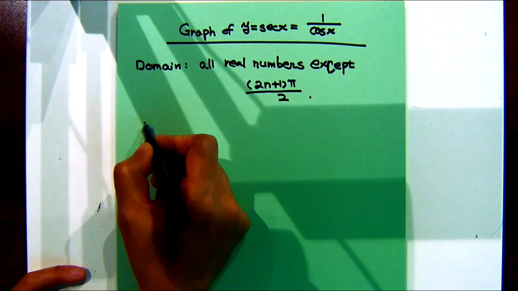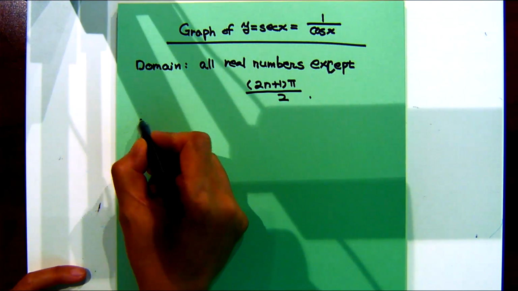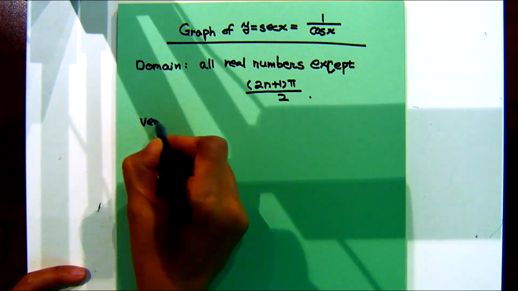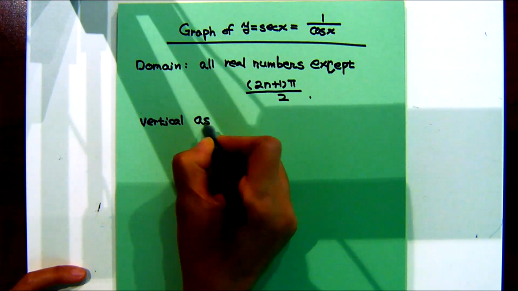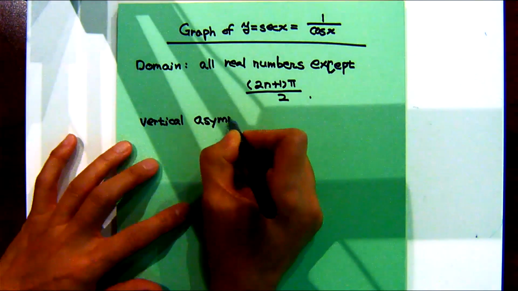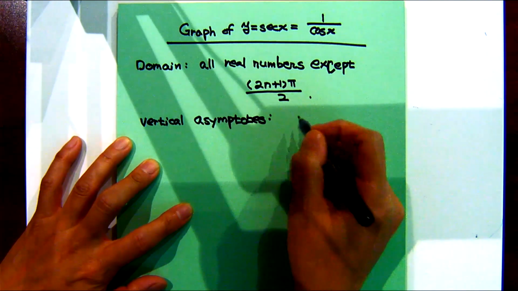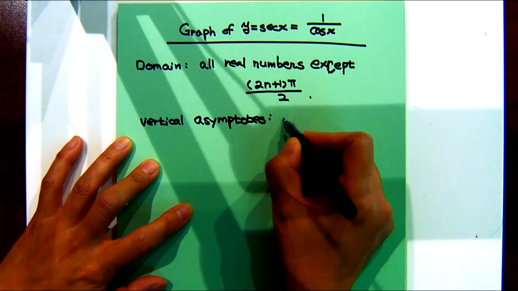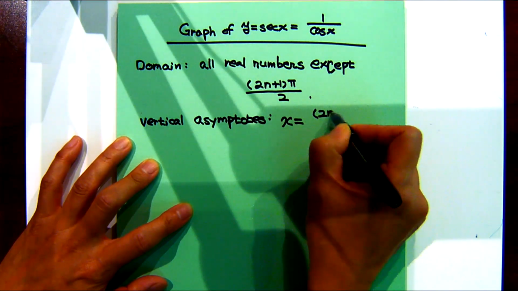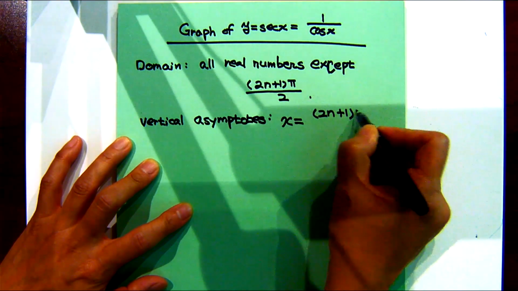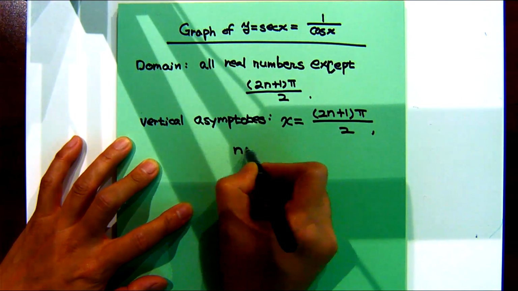Whenever that is undefined, we have a vertical asymptote. The equation of the vertical asymptote becomes x equals (2n plus 1) pi over 2, where n is an integer.